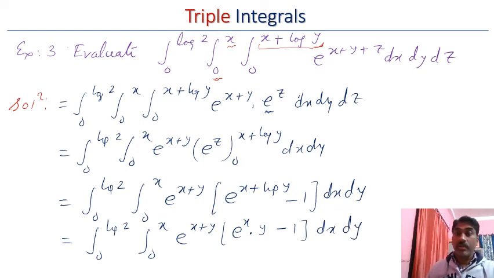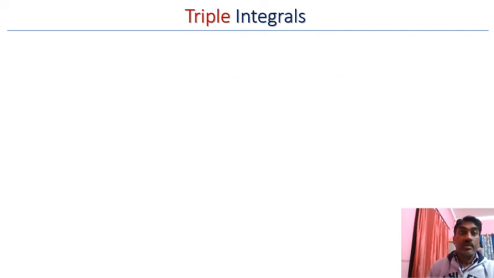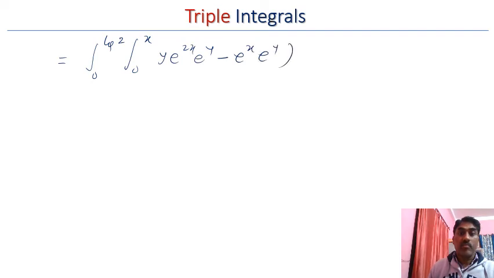Now we can write this as 0 to log 2, 0 to x of y e to the power 2x e to the power y minus e to the power x e to the power y. In order to integrate easily, we have just opened the brackets, dx dy.